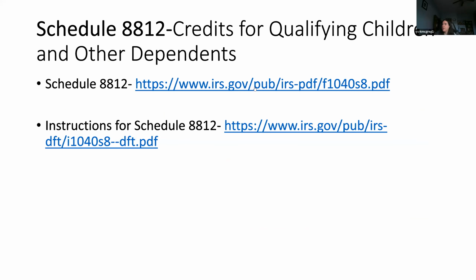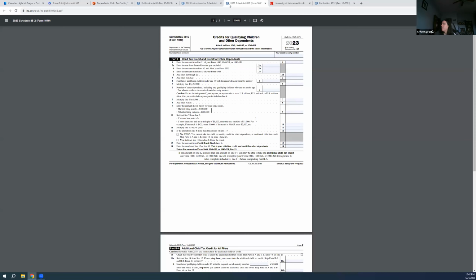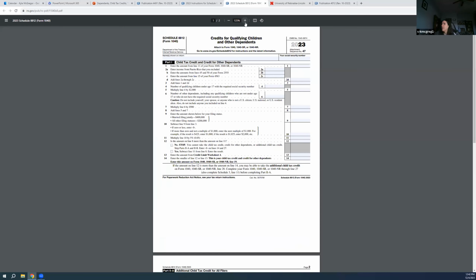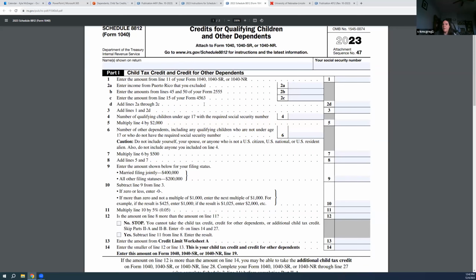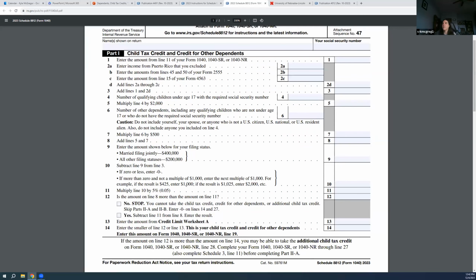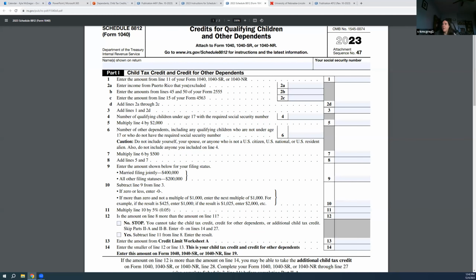So I kind of wanted to show you what the 8812 looks like at this point. I pulled that up here. This form will be populated if you put a child in and they meet the qualifications. The tax software will go through here and look at the adjusted gross income, if there's any adjustments to that, number of children under 17, and it'll multiply that by 2,000.